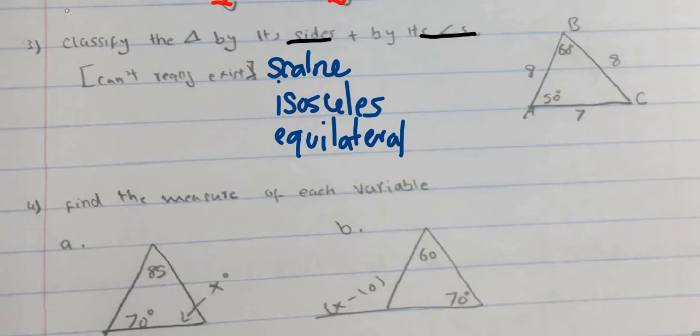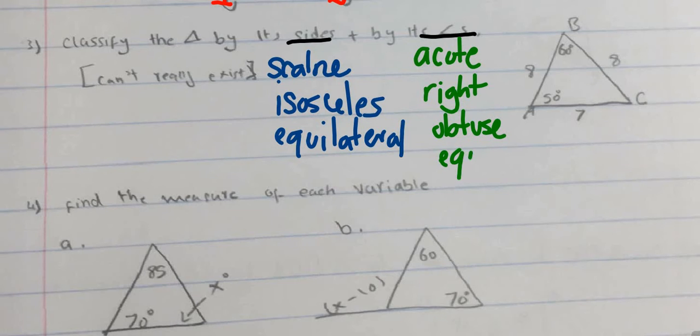Angles, there are 4 of them: Acute, Right, Obtuse, Equiangular.